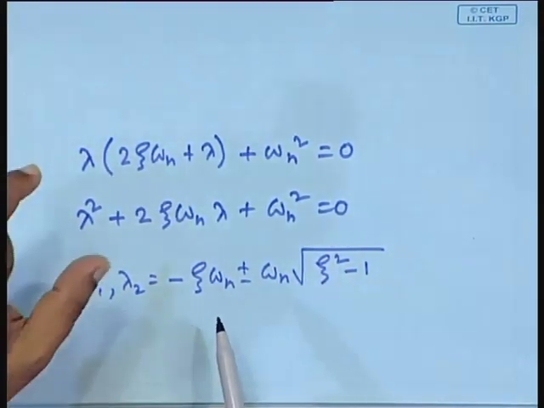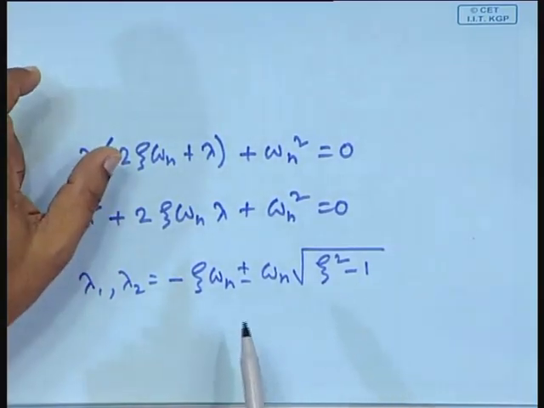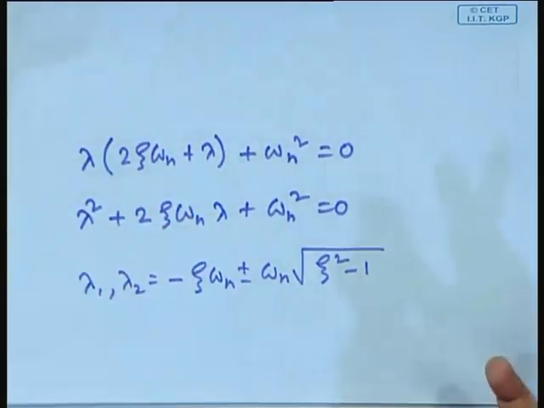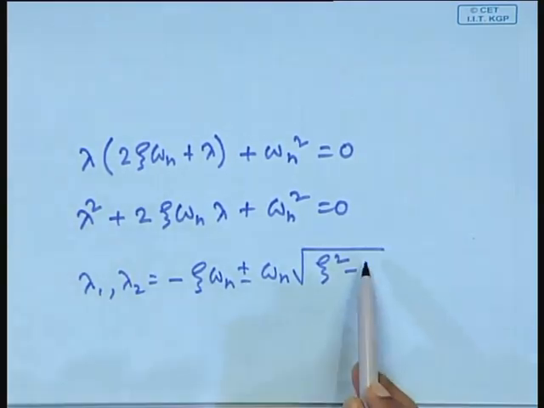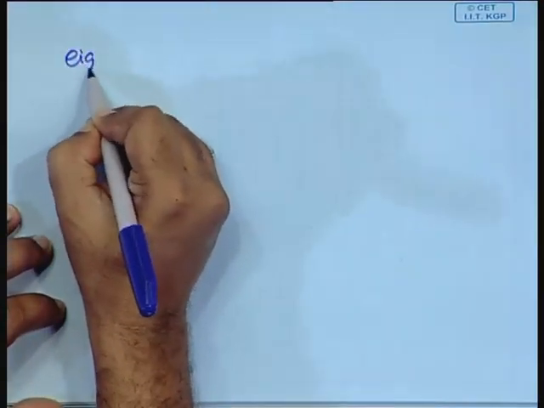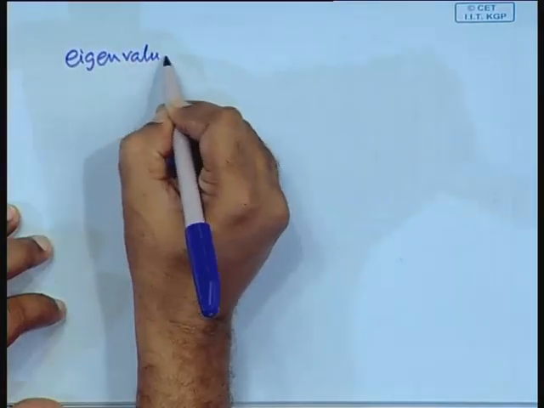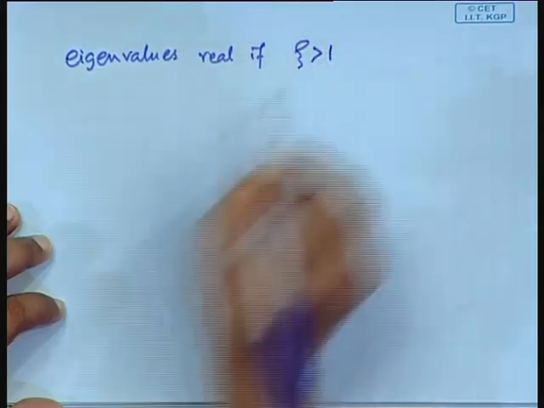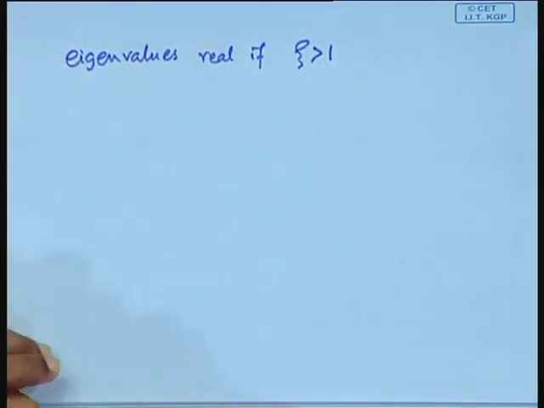If they are real and distinct, then there will be one kind of solution, real and equal, there will be another kind of solution, and the complex conjugate there will be another kind of solution. So, under which these three possibilities will pertain, tell me. See, firstly, when will it be real? When zeta is greater than 1, clear. So, eigenvalues, if zeta greater than 1, clear.